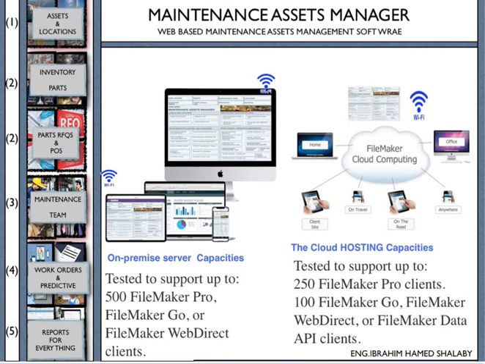Capacities. On-premise server capacities: tested to support up to 500 FileMaker Pro, FileMaker Go, or FileMaker WebDirect clients. The cloud hosting capacities: tested to support up to 250 FileMaker Pro clients, 100 FileMaker Go, FileMaker WebDirect, or FileMaker Data API clients.